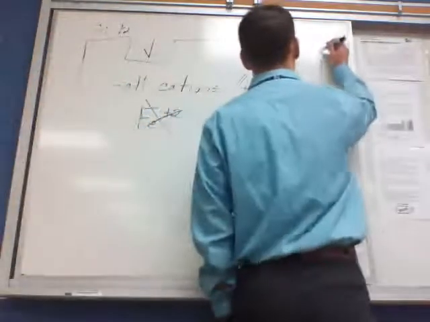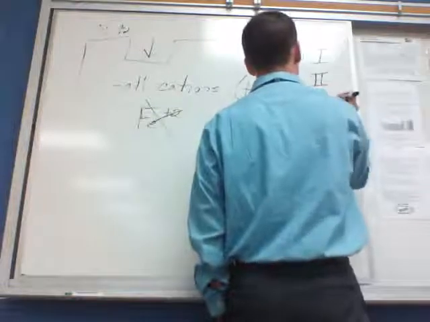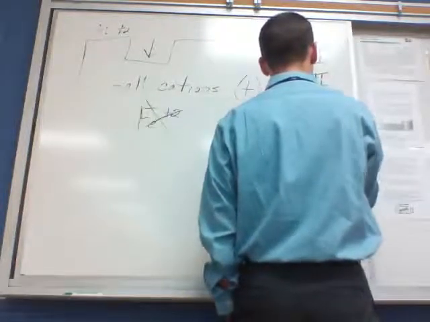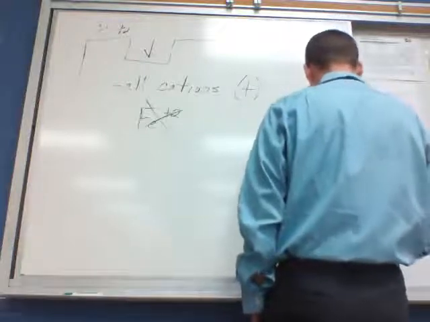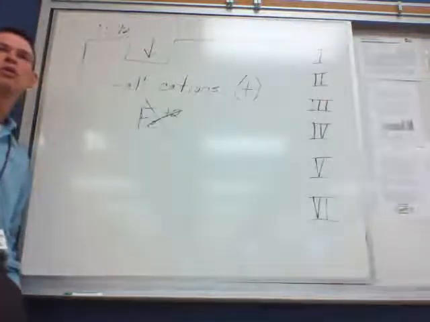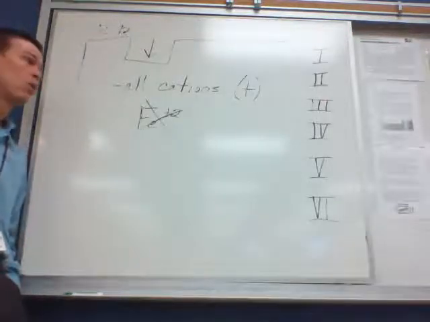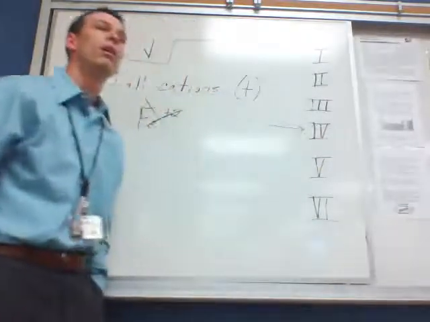Now, for those of y'all that are unaware, here are the Roman numerals 1 through 6. You'll want to know those. Don't write them down if you already know them. Usually it's number 4 that messes you up.